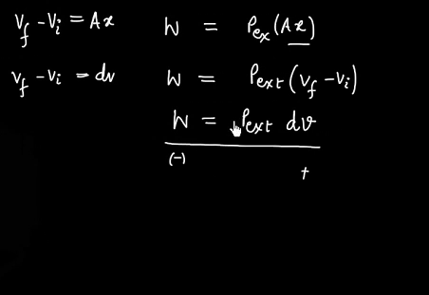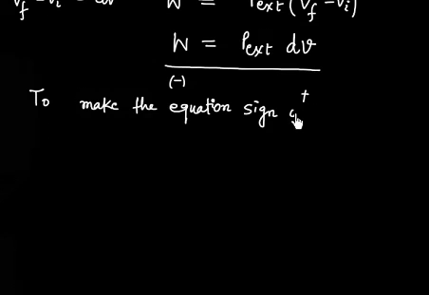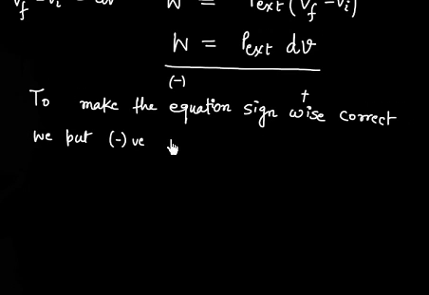So what we do is make the equation sign wise correct. To do that, we put a negative sign on the right hand side.